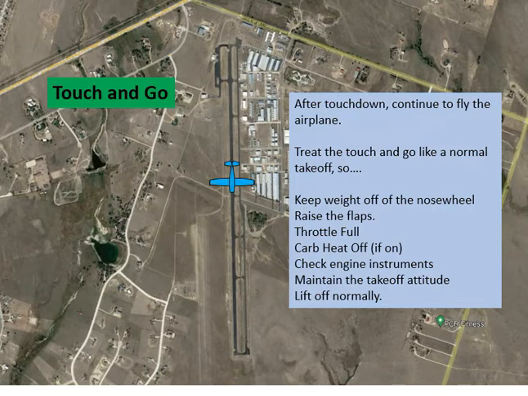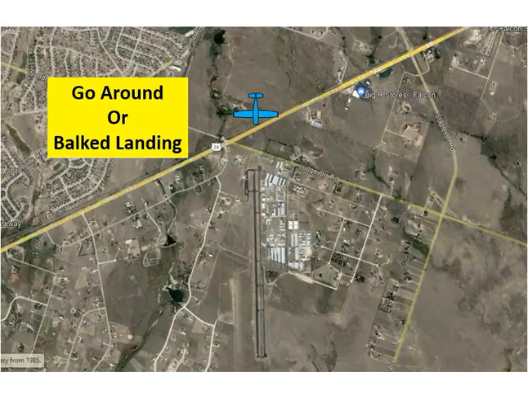No, you just rotated the aircraft to takeoff attitude, and you're still on the ground. You're just at takeoff attitude, takeoff pitch. And as we accelerate during this touch and go, the same thing happens. We're at takeoff attitude, and then the physics will fly the airplane for us, and we'll lift off normally and do a normal takeoff. And that's how we'll do our touch and go.